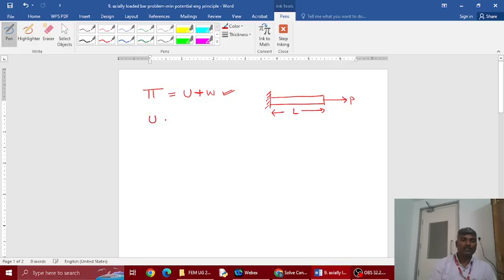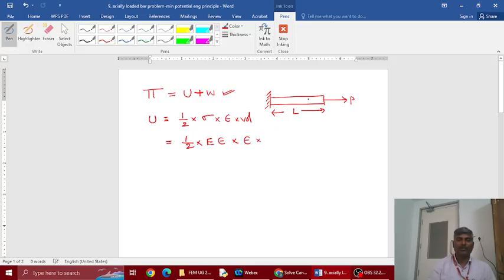First let us write the strain energy stored in the bar. It goes from the basic formula: half into stress into strain into volume. The basic simple formula. So half into stress, again I can write it in terms of strain, into strain, into volume.